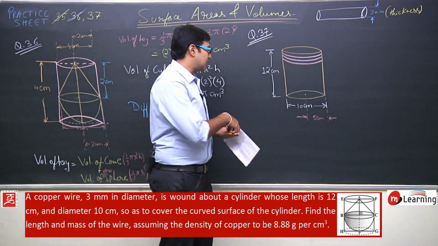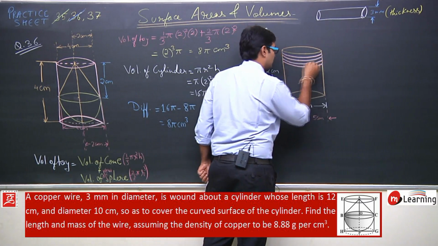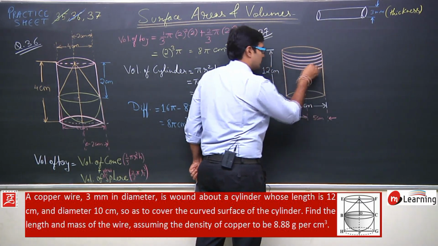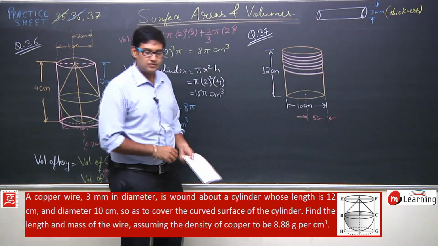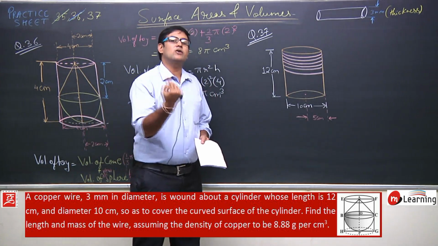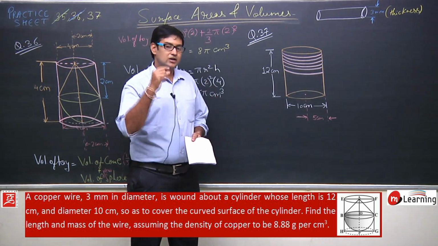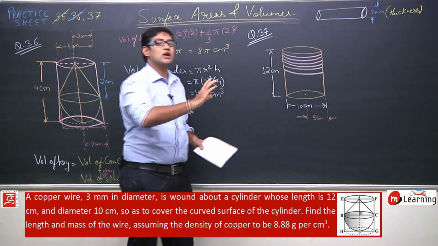So when I started winding this wire like this, for each one round of the wire, 3 mm height of this cylinder will be covered.